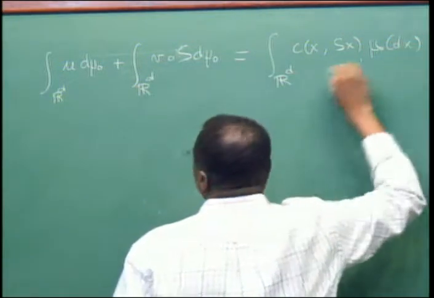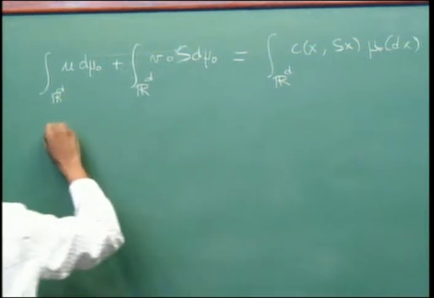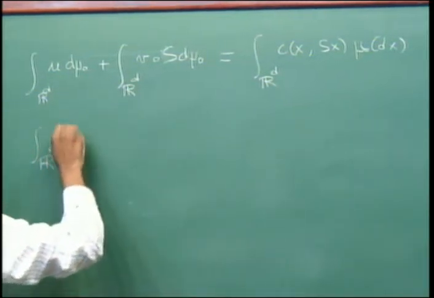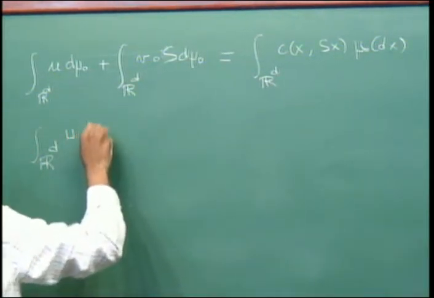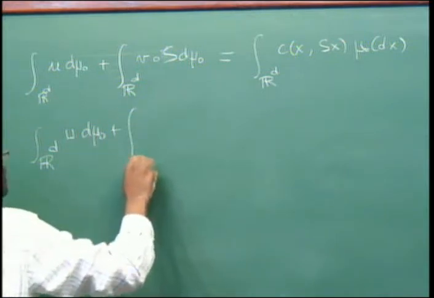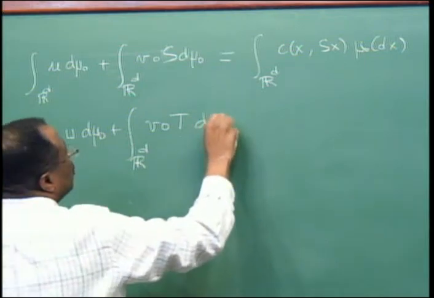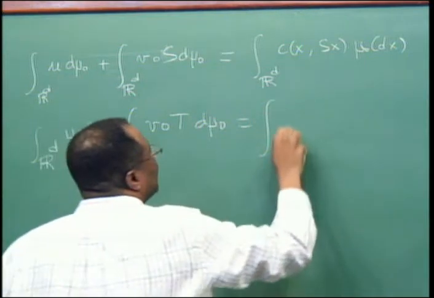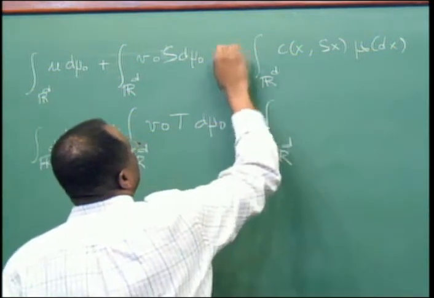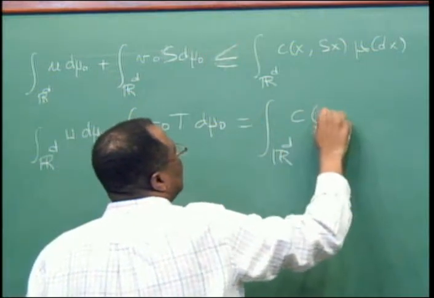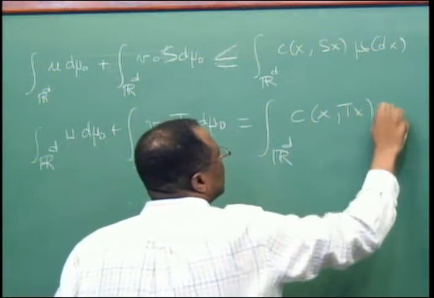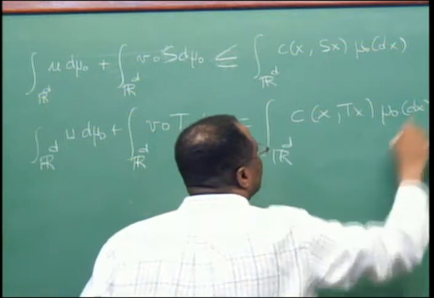The second equation tells me the integral over R^d of U d mu naught plus the integral over R^d of V composition S d mu naught is less than or equal to the integral over R^d of c of x, S of x, d mu naught.